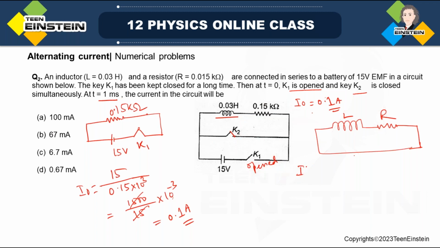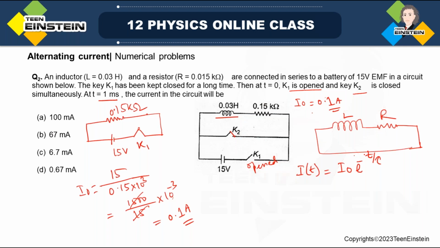So this is the instantaneous current, and here it is written while decaying the current, not growing the current. While decaying the current, the expression is I is equal to I0 e to the power minus t by tau.